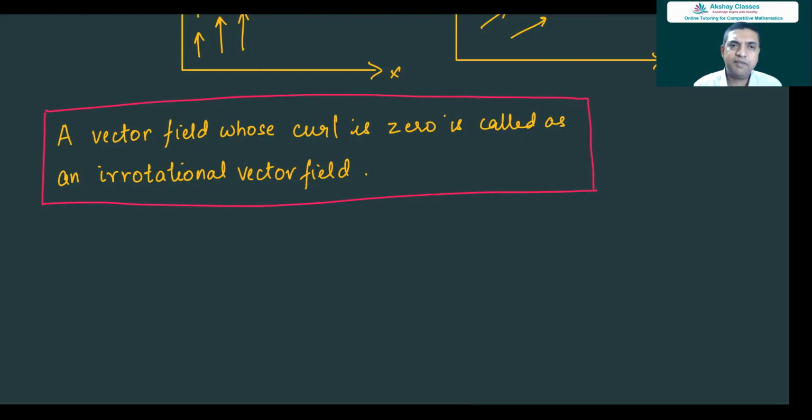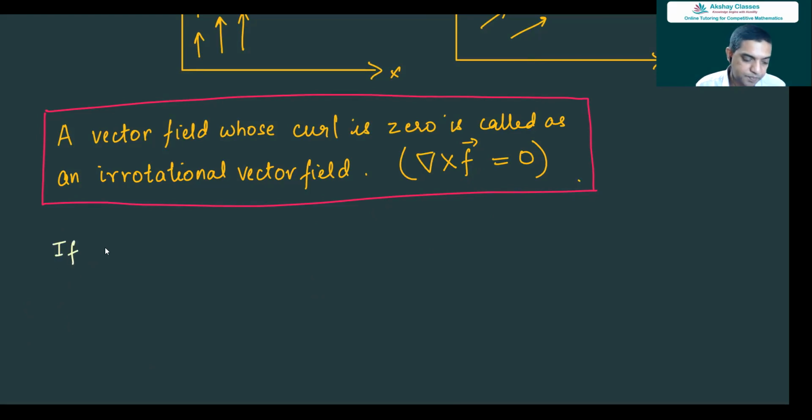That means you don't have a rotational effect at all. And if the curl is not zero, then it is a rotational vector field. There are very beautiful fluid mechanics experiments in this, which people can demonstrate for curl.